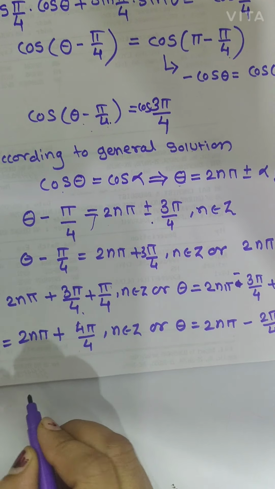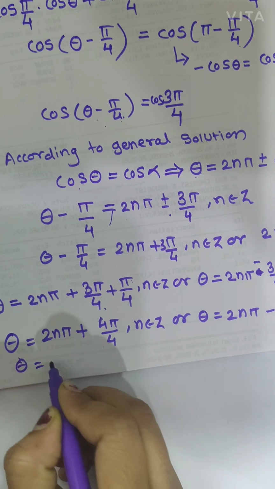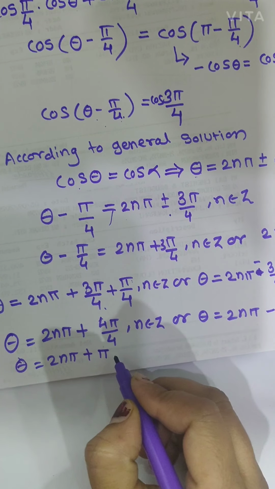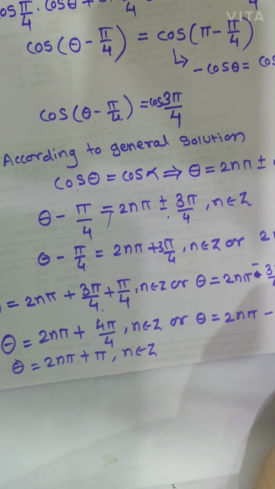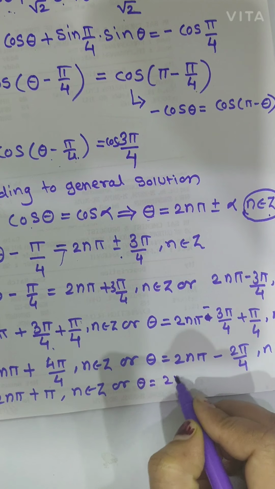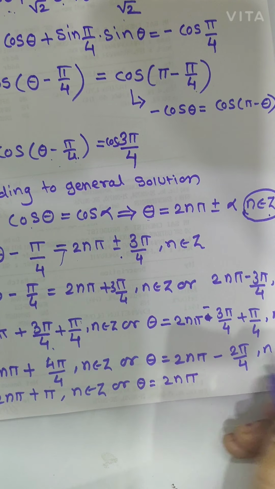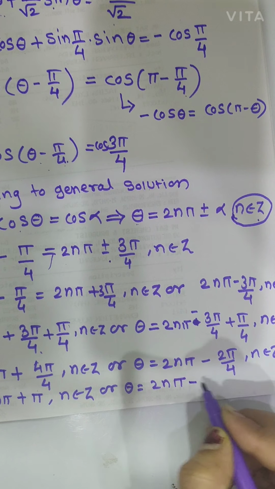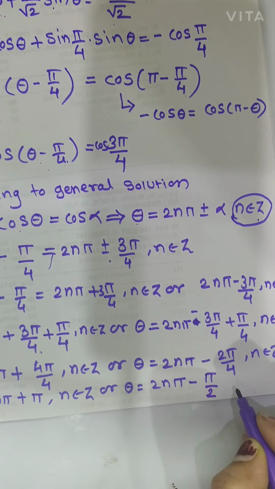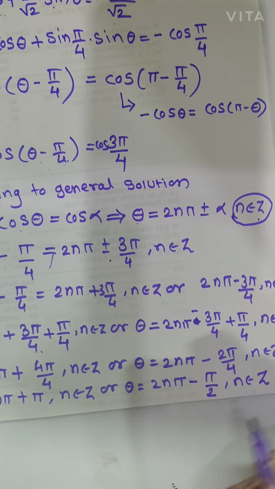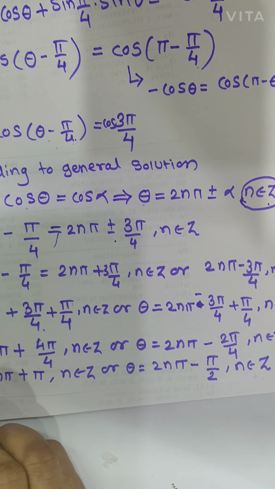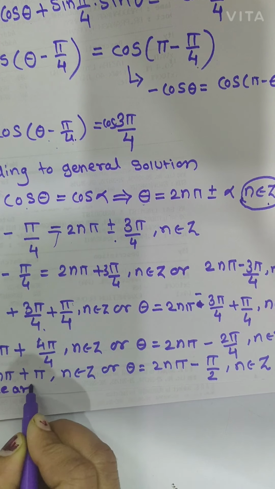Now it will become like this. Theta is equal to twice n pi plus pi. The condition is that n belongs to z, or theta is equal to twice n pi, 2 twos are 4, so it becomes like this. The condition is that n belongs to z. So these are the required general solutions.